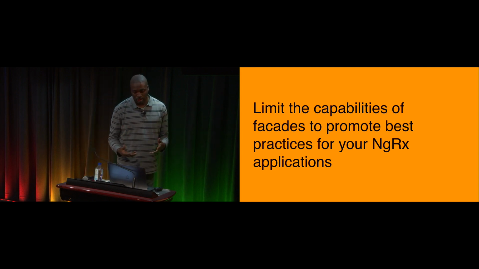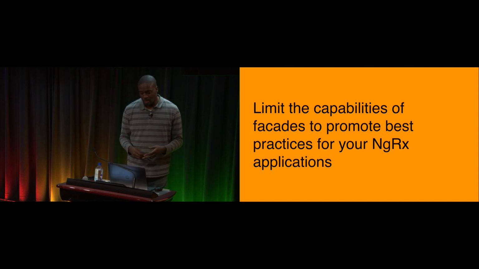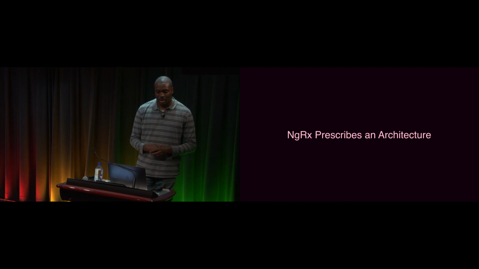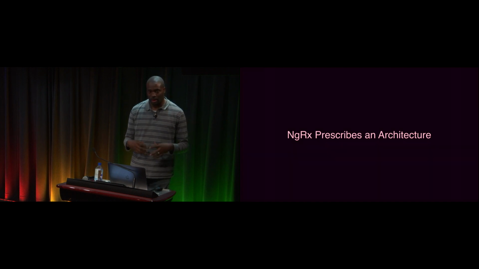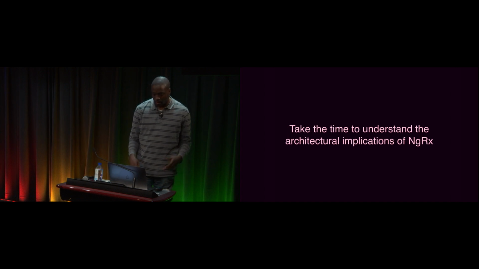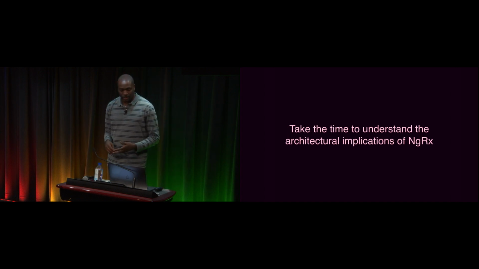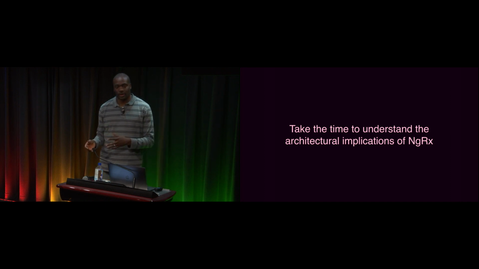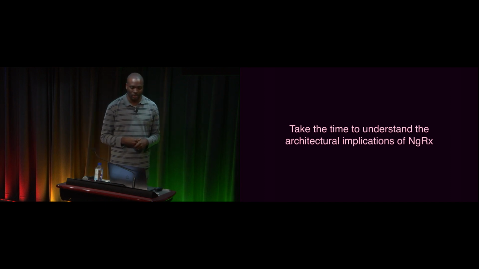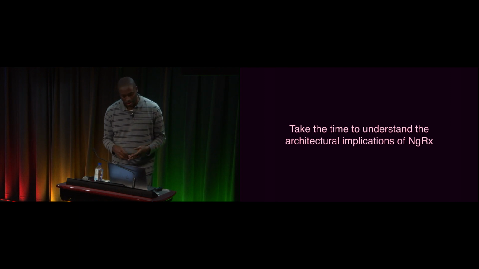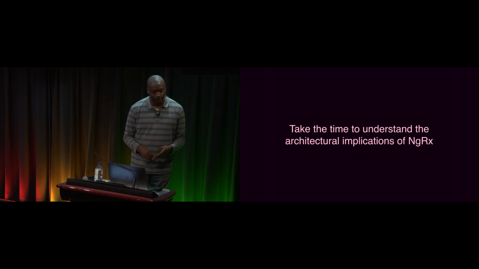If you're using it, we want you to get the most value out of it, because NgRx prescribes an architecture that you can use when managing state in your application. But be careful: make sure you take the time to understand how NgRx works before you reach for the facade and add additional abstractions on top of it. This will help you get the most value out of it when using NgRx.